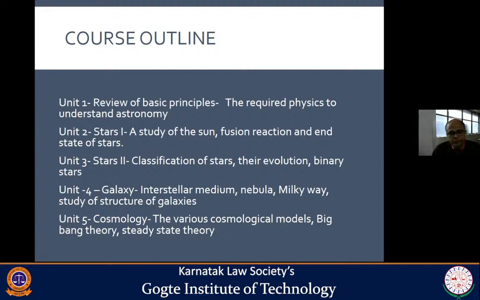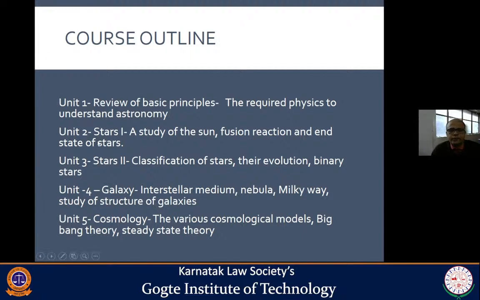It also involves some optics, because the telescope is one thing that has been used widely to study astronomical objects. So this review of the basic principles covers the physics required to understand astronomy. Those things we will be learning in the first unit.